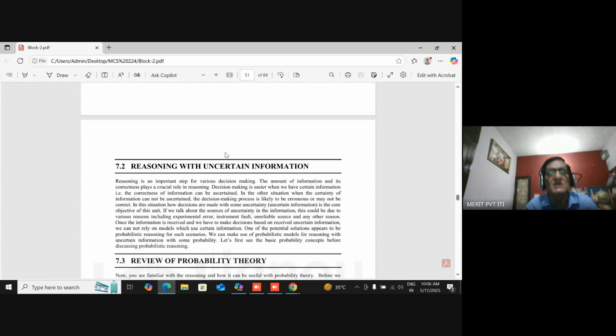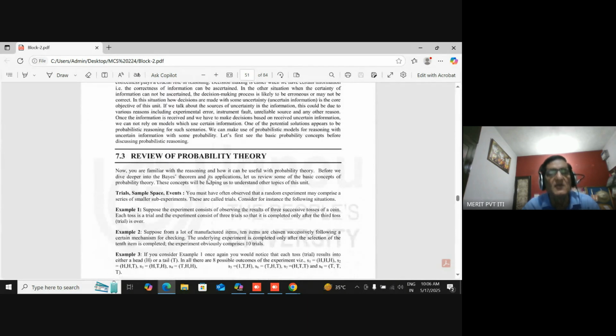AI talks about the probability of this happening this much. It cannot say that it will happen. It says the probability is 0.7 that it will happen, or 75% it will happen, or something like that.